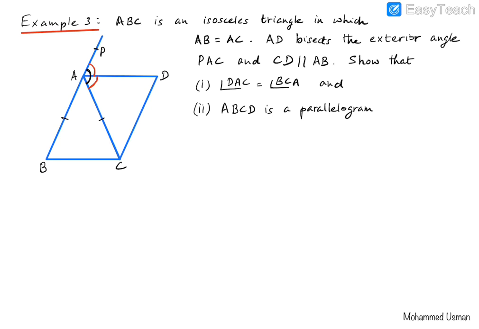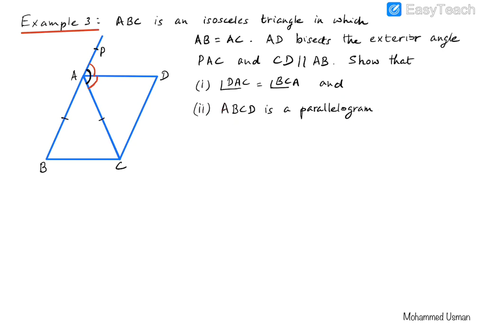To show that ABCD is a parallelogram, we have to prove that the line AD and BC are parallel. We are already given that AB and CD are parallel to each other. So we have to show that AD and BC are also parallel in order to show that ABCD is a parallelogram.